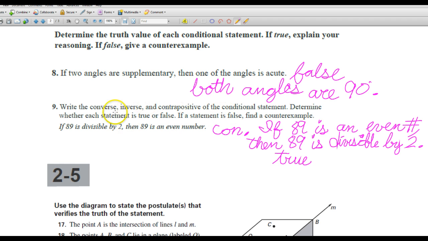Then we want the inverse of this statement. So the inverse is where we negate the hypothesis and negate the conclusion.